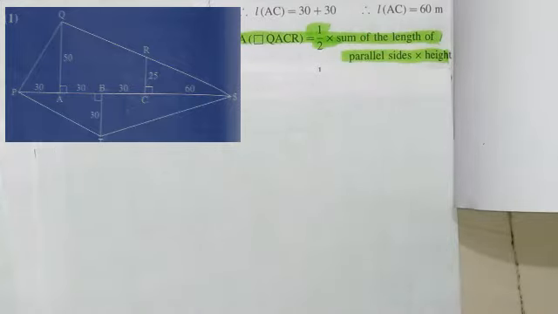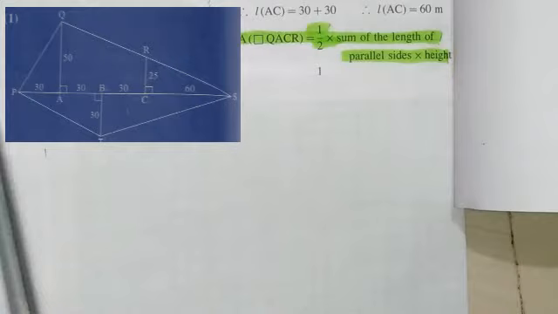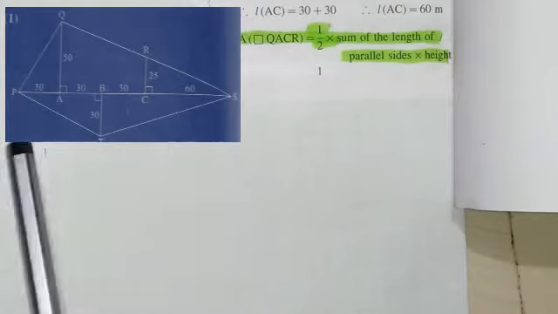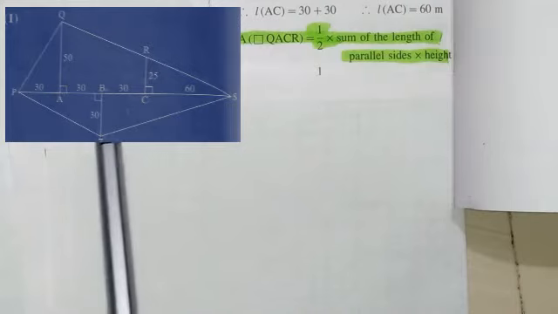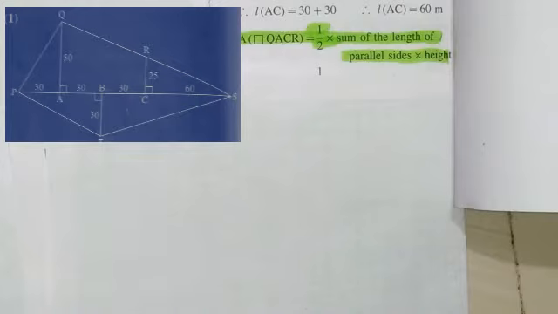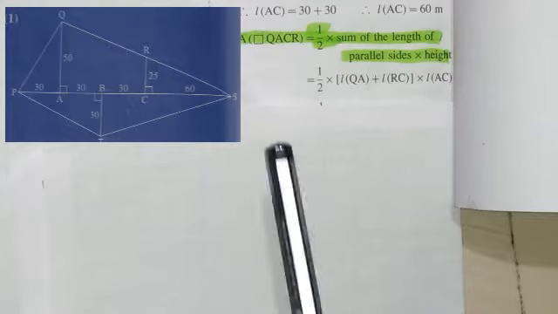So students, here the question may come to your mind: which is the height? Here students, if these two lines are parallel, then this line, it means the length of AC, is nothing but the height of the quadrilateral.